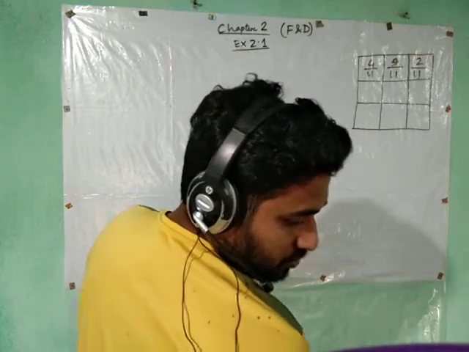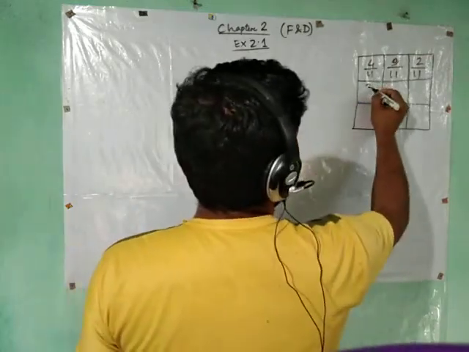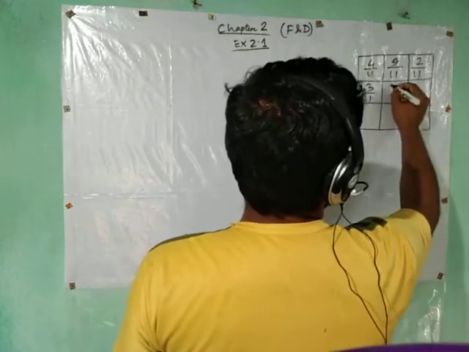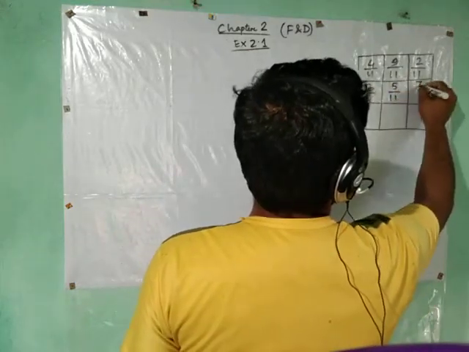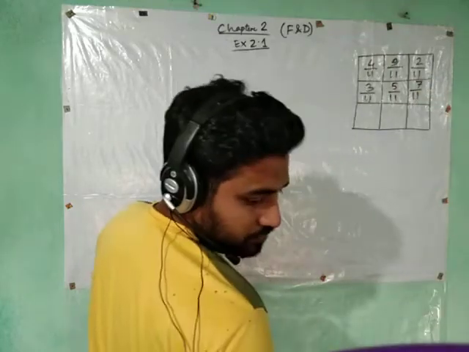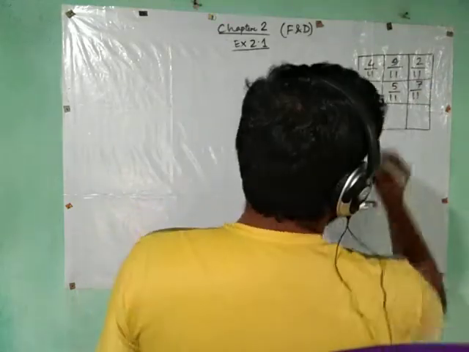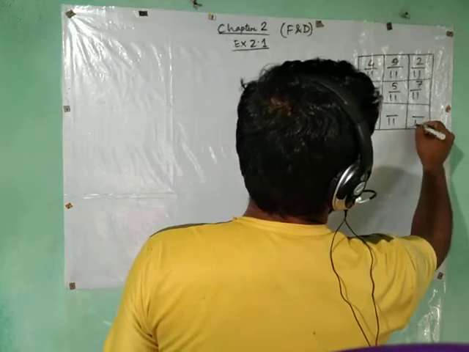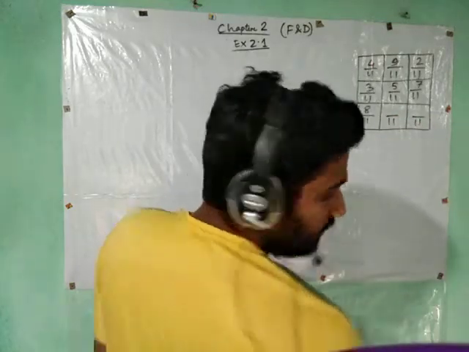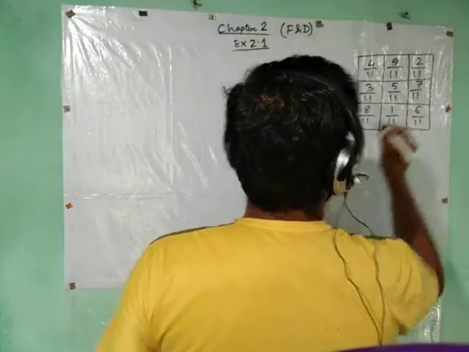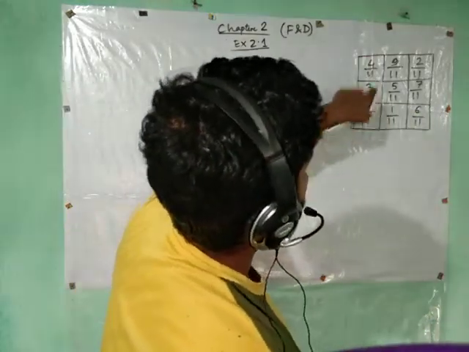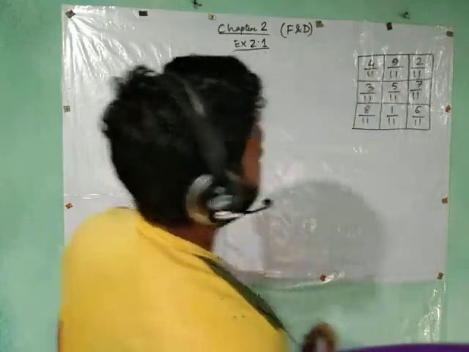Next, 3 by 11, 5 by 11, 7 by 11, 8 by 11. Everything is over 11. Now 1 and 6. Now see, diagonal means this one is diagonal or this one is diagonal, right?